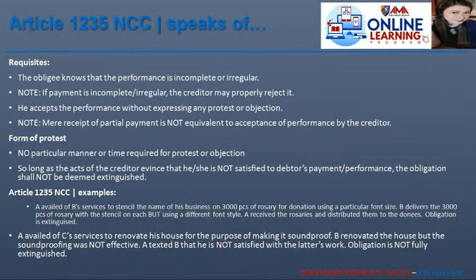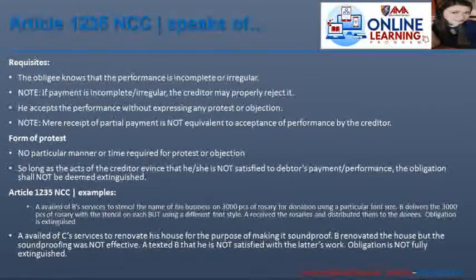Alam niya, nalalaman niya. Nung pagbigay mo, nung pag-perform mo, alam niya na may kulang, may mali. But still, in-accept niya. Note, if payment is incomplete or irregular, the creditor may properly reject it. No, common sense class would suggest that if the performance is incomplete or irregular, it's for you to protest.